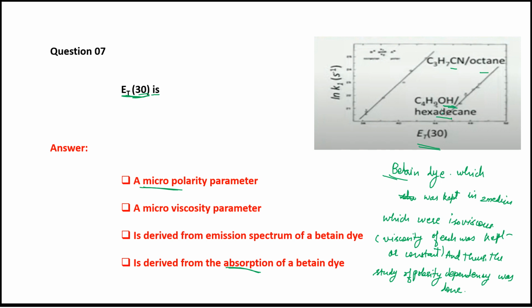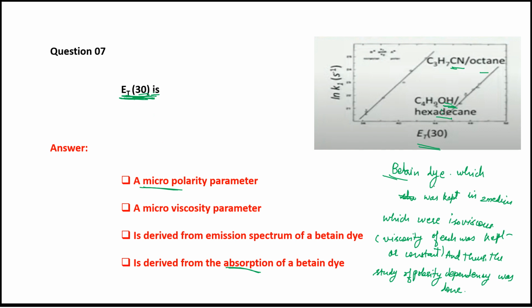When they studied the two isoviscous media, where one has an aprotic solvent and the other a protic solvent, the other two being nonpolar solvents, they could see how the hydrogen bonding or the polarity of the medium is useful for studying the solution dynamics.